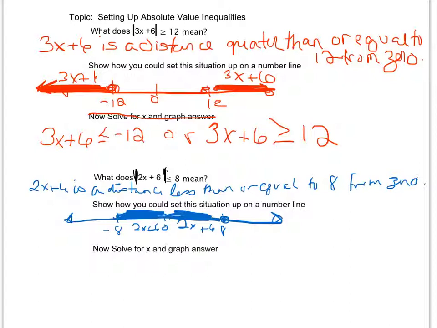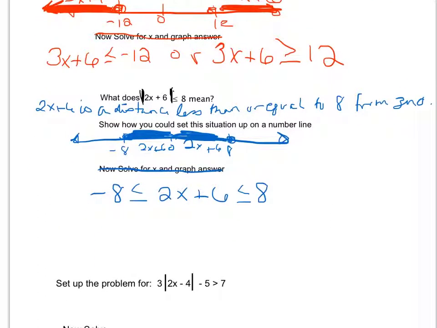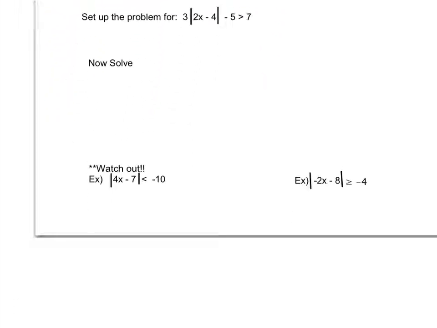So I could either do two separate inequalities for this, or I could just notice that 2x plus 6 has to be in between these two boundaries here of negative 8 and 8. So how do I show that? Well, I can show that with one compound inequality by saying that 2x plus 6 is greater than or equal to negative 8, and 2x plus 6 is less than or equal to 8. So it's in between negative 8 and 8. There's my setup.